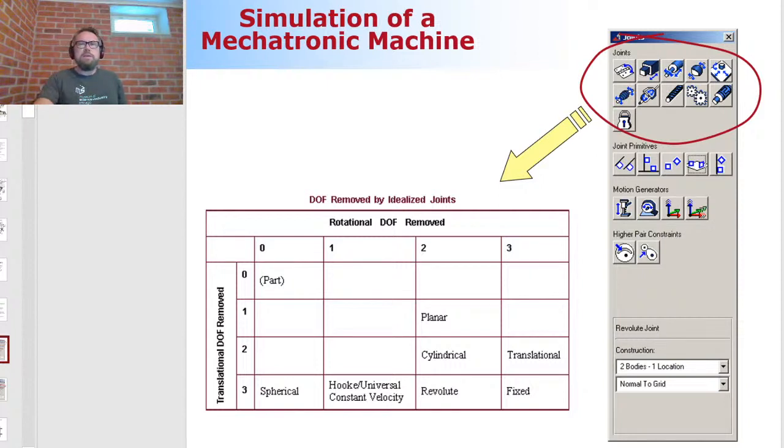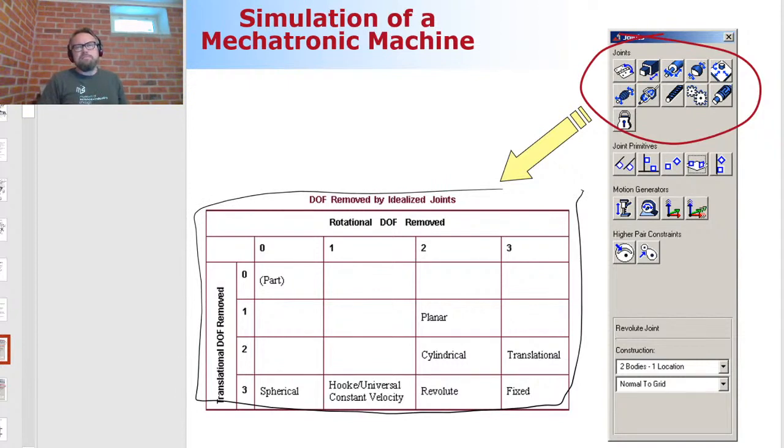This table tells you how many constraints are needed. Just to give you an example, a revolute joint needs 5 constraint equations, because 3 are associated with translation and 2 are associated with rotation.